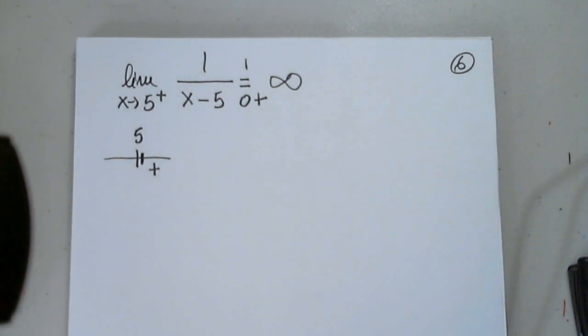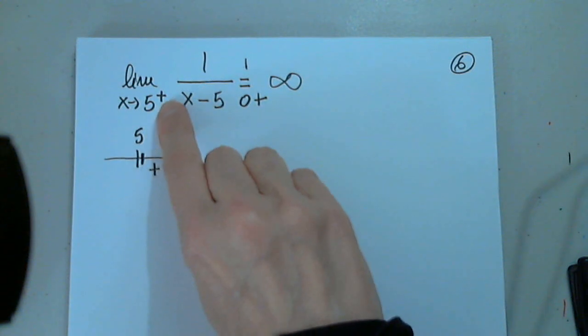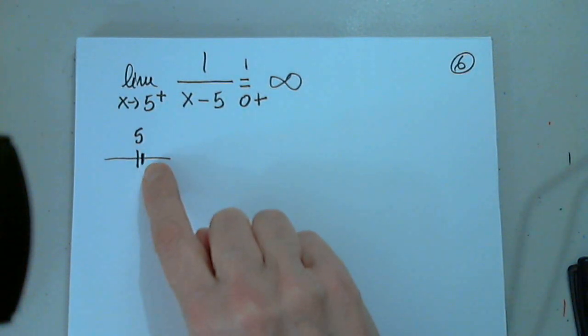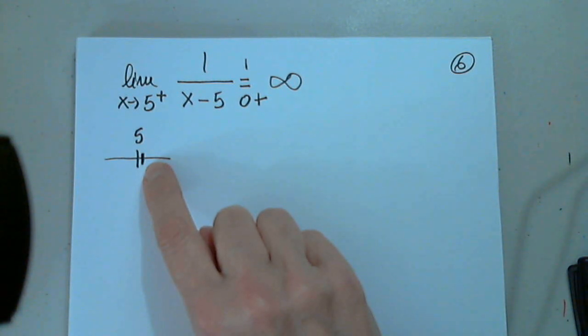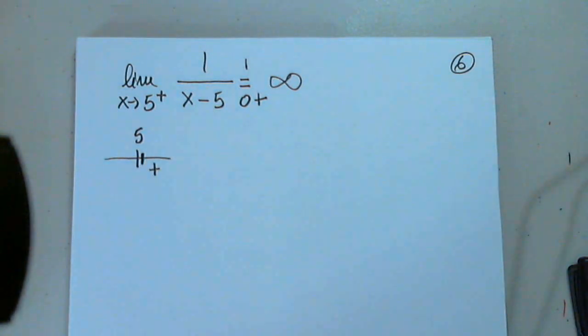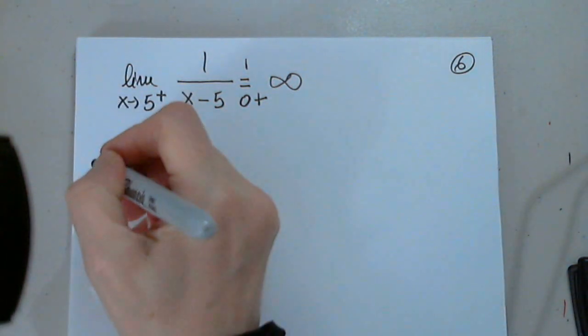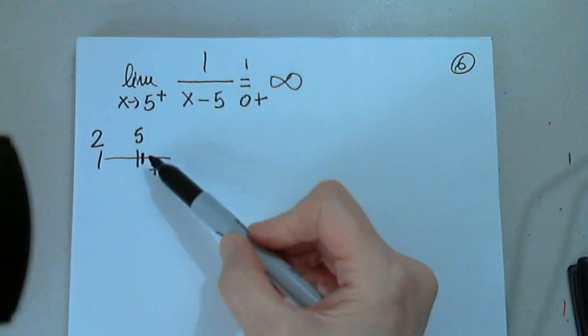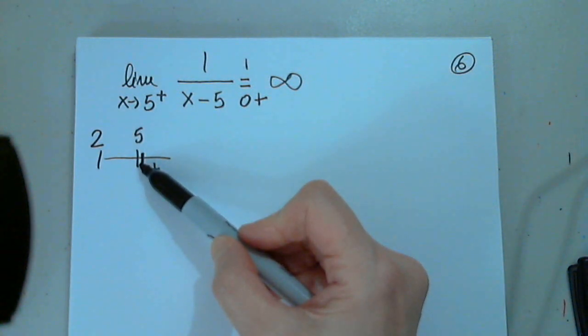Wait, how do you determine it's a positive 0? Can you do that one more time? Sure. 5 from the right. Can you give me a number close to 5 from the right of 5? Two. The 2 is not to the right of 5. 2 is right here. Oh, 6.